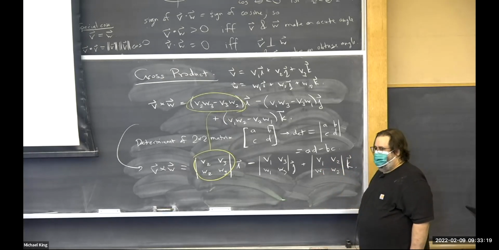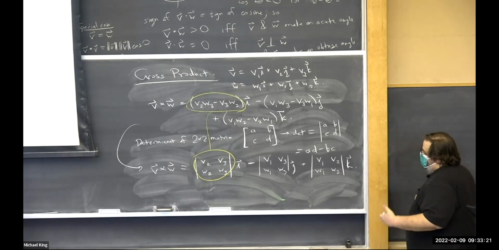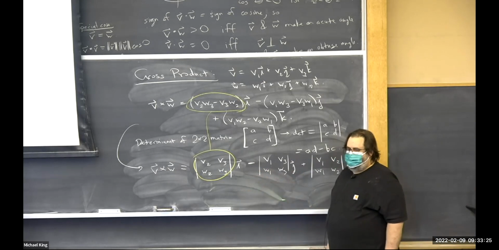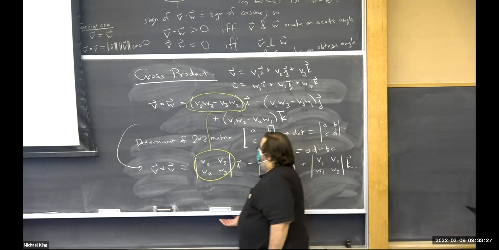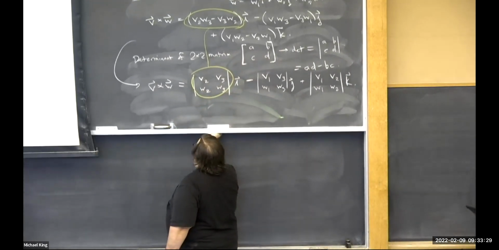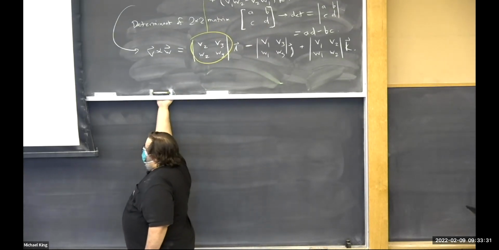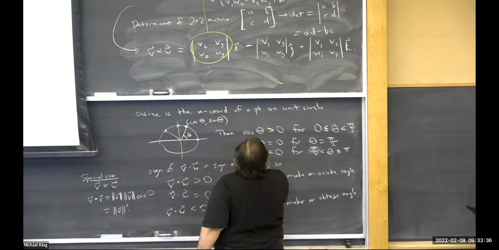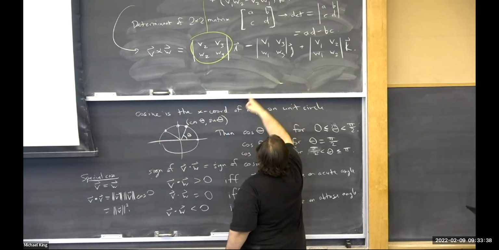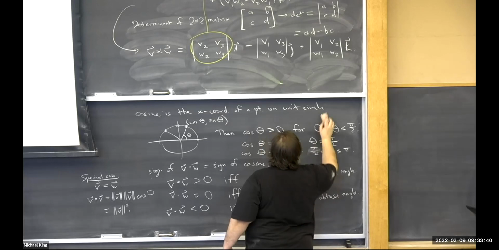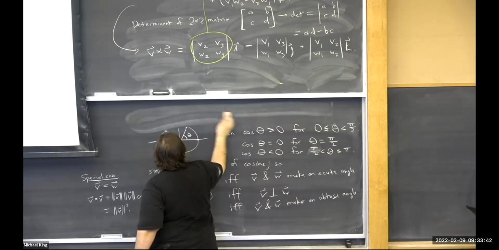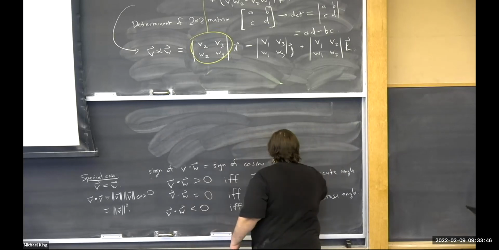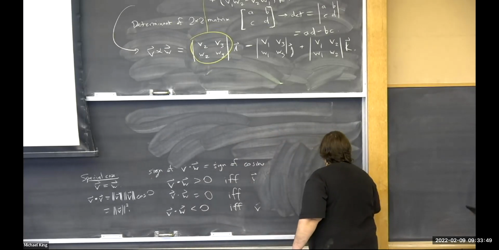Makes some sense. I'll say there's actually something called the 3 by 3 determinant, and you can package this all together into a 3 by 3 determinant, which I might as well write down, because that's the way some people do it. Then you can actually write the cross product down.